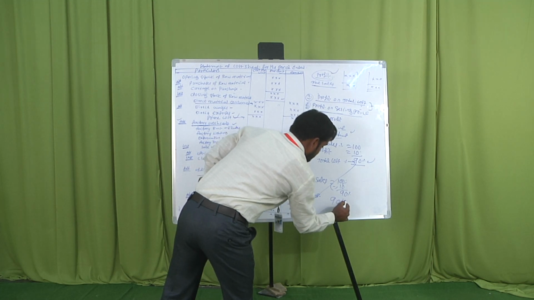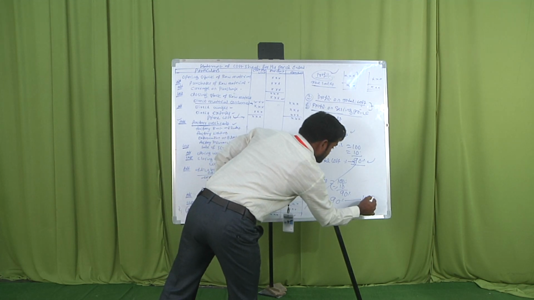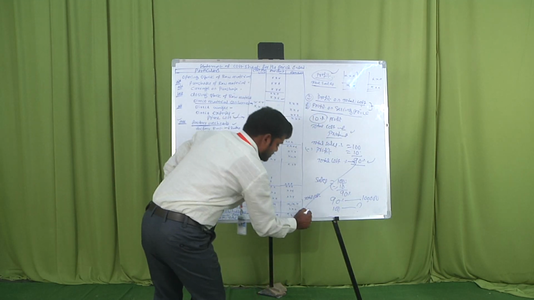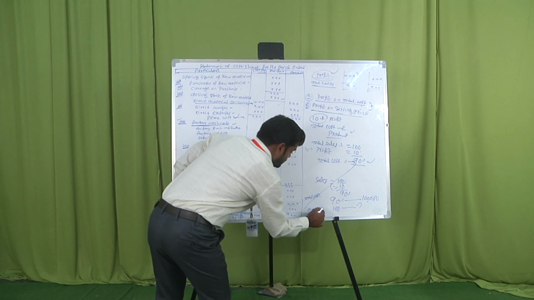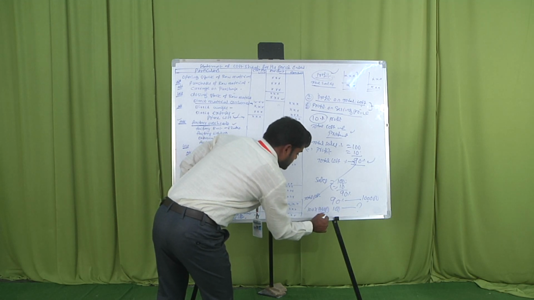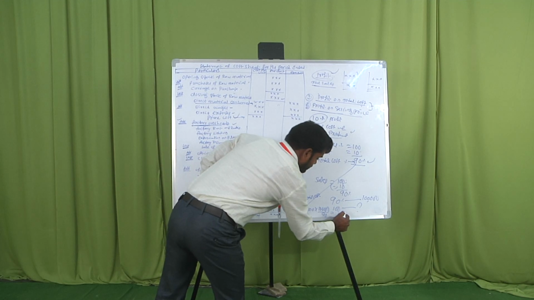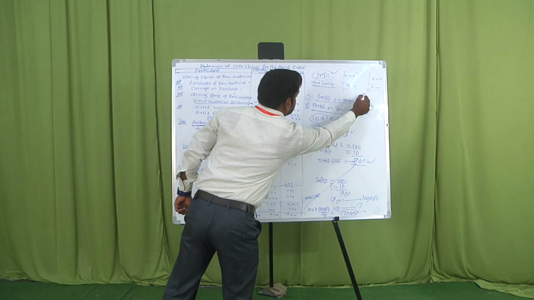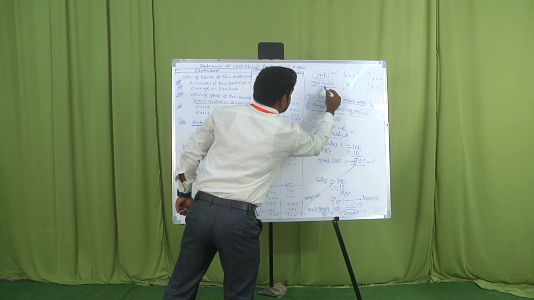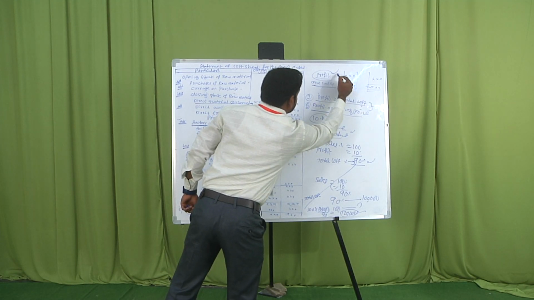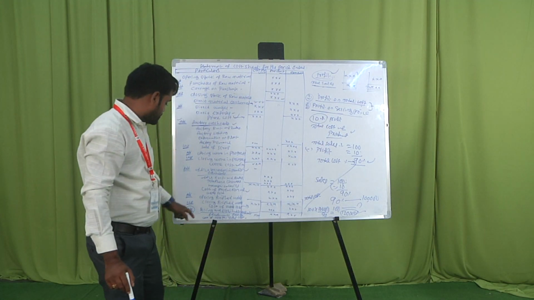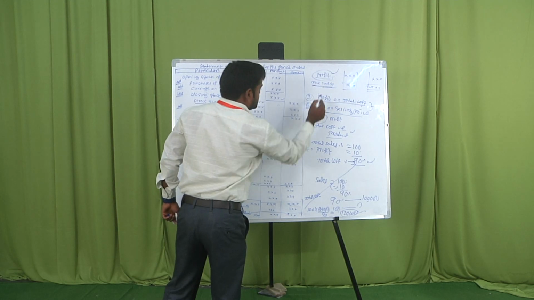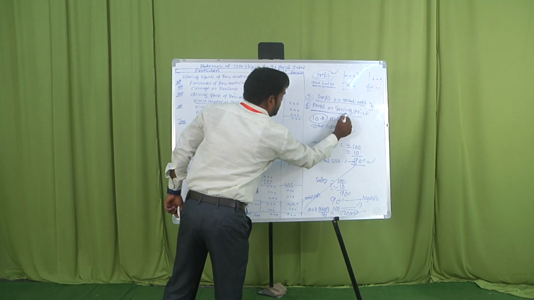So 90%, suppose, is 1 lakh rupees, whereas 100% is what we want. So 100 into 1 lakh divided by 90%, approximately 1,20,000. This 1,20,000 is called total sales. So total sales minus profit is equal to total cost. These are the statements of the cost sheet. So this is the second one, profit on selling price.